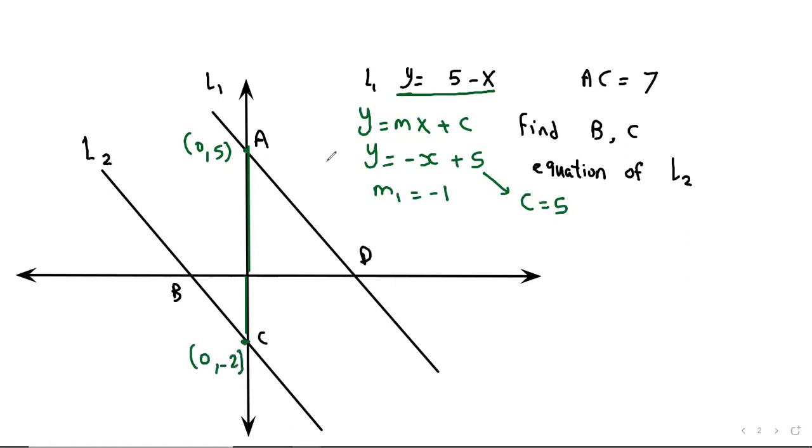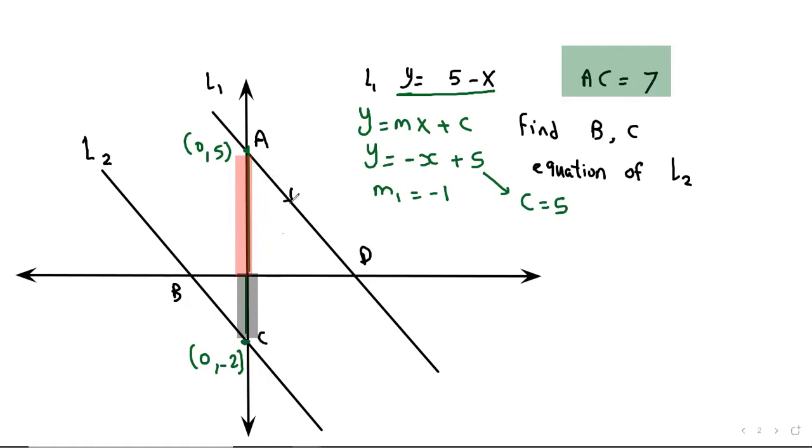Why is that? Because in the given, AC equals 7 units, and I have 5 units here. So we must have 2 units down, but these 2 units are in the negative direction of the y-axis.